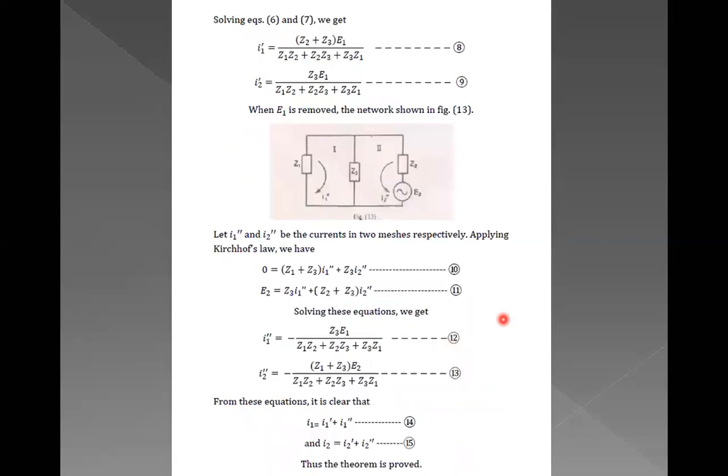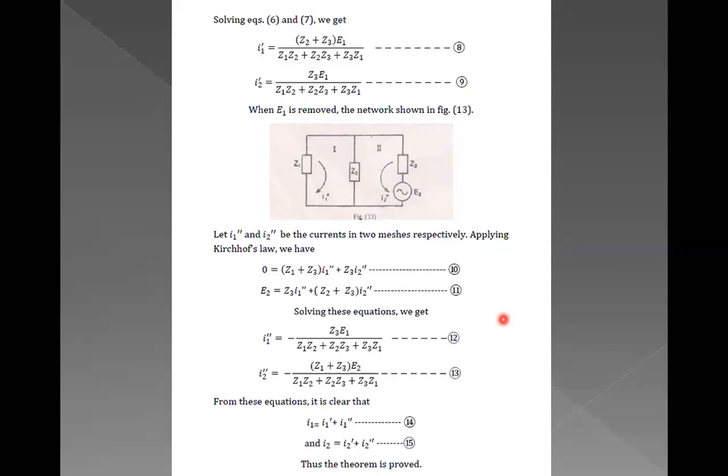Mathematically solving them, we get I1 dash as (Z2 plus Z3) E1 divided by (Z1 Z2 plus Z2 Z3 plus Z3 Z1), and I2 dash as Z3 E1 divided by (Z1 Z2 plus Z2 Z3 plus Z3 Z1). So these are the two equations for I1 dash and I2 dash.